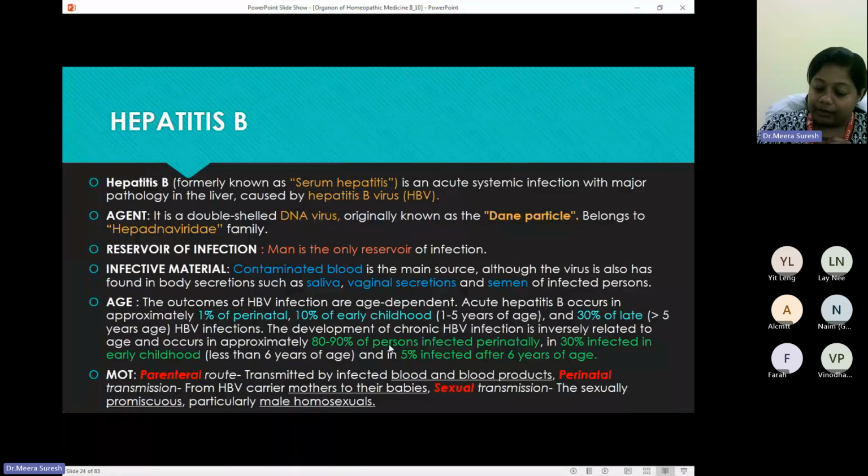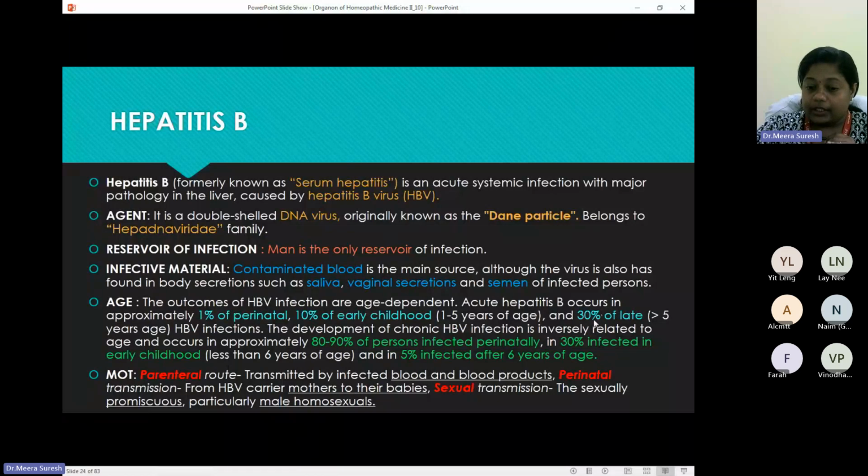So if a baby has hepatitis B around the perinatal period, then 80 to 90% chances are that the baby will have chronic liver complaints. In early childhood, there is a 10% possibility of infection, and among that 10%, 30% can develop the chronic condition.